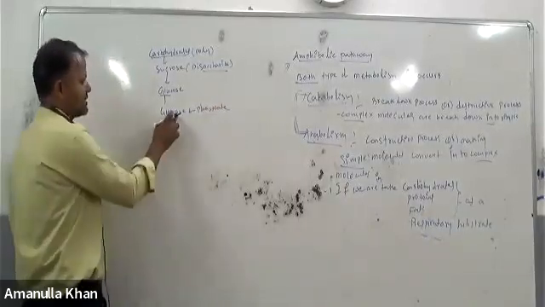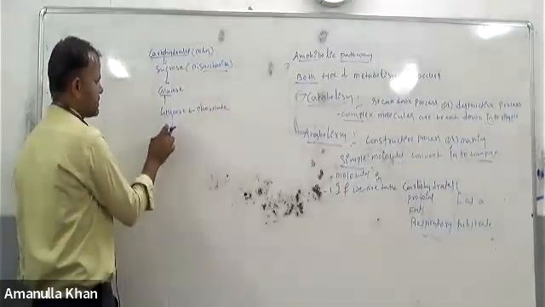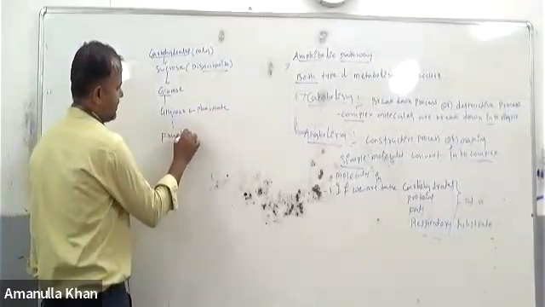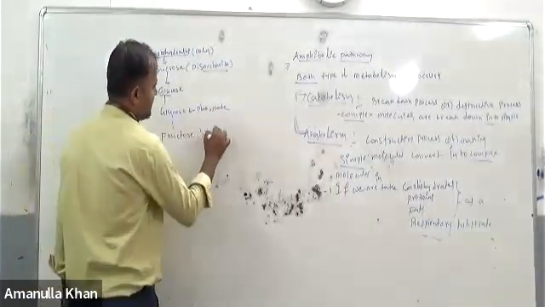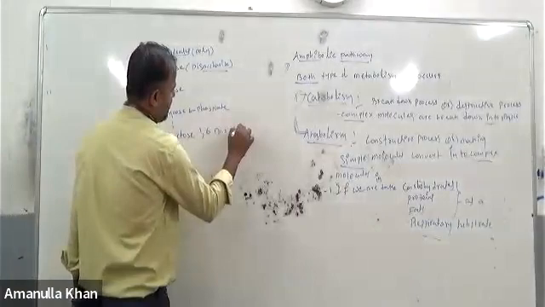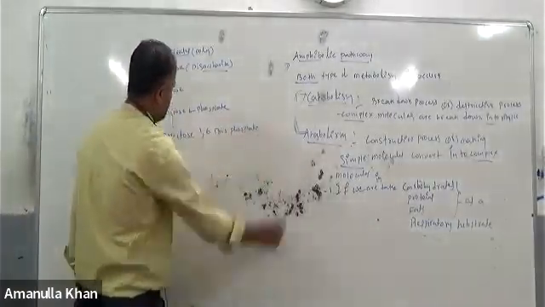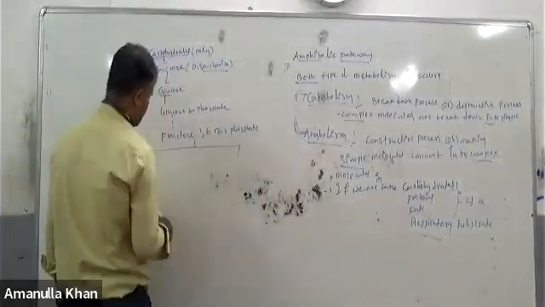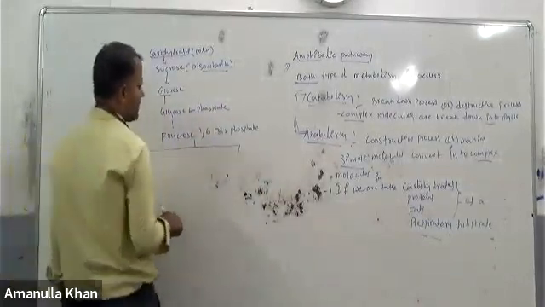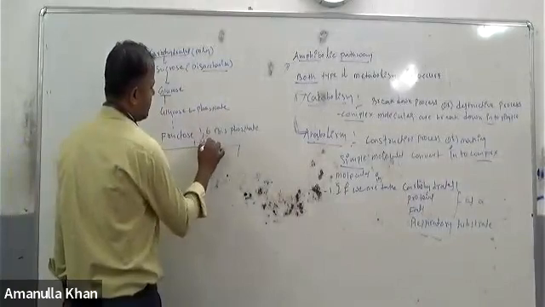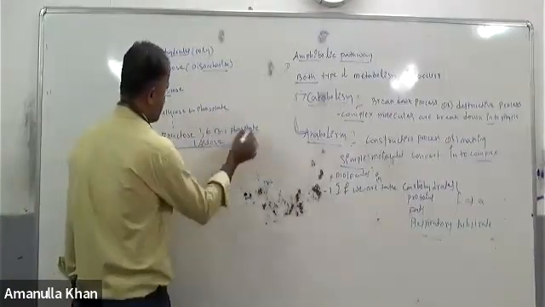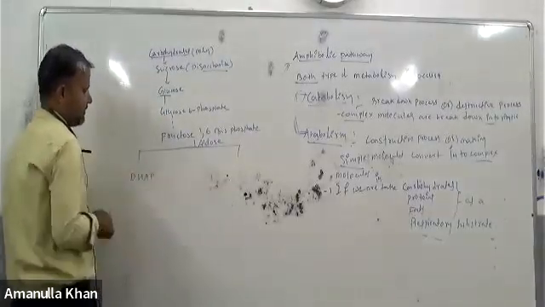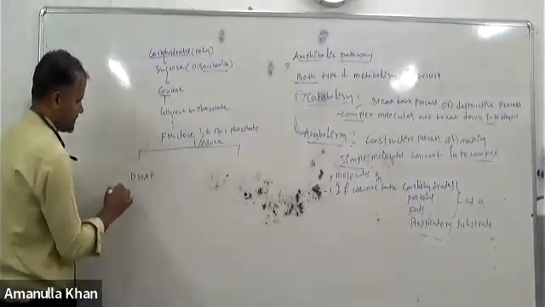You know already glucose 6-phosphate is converted to fructose 6-phosphate. Fructose 6-phosphate is converted to fructose 1,6-bisphosphate. This fructose 1,6-bisphosphate, in the presence of the aldolase enzyme, breaks down into DHAP, dihydroxyacetone phosphate.